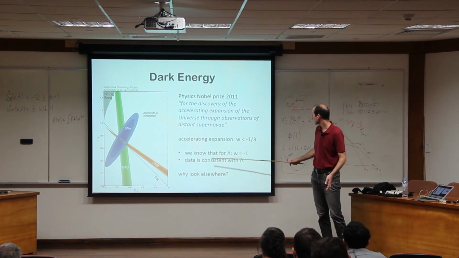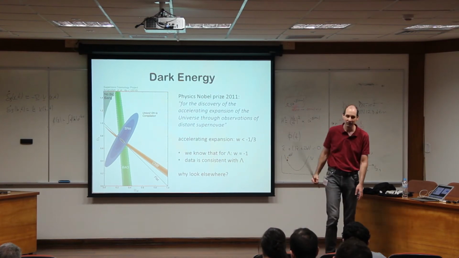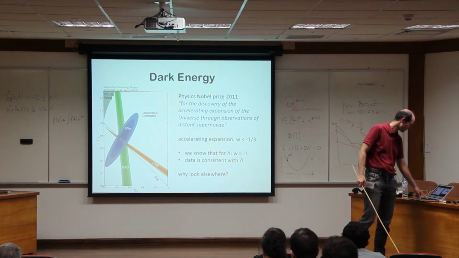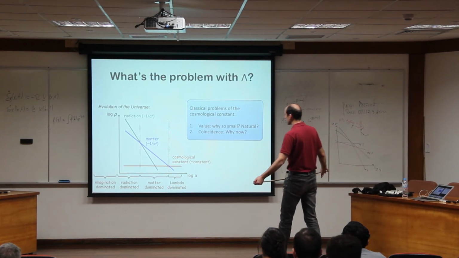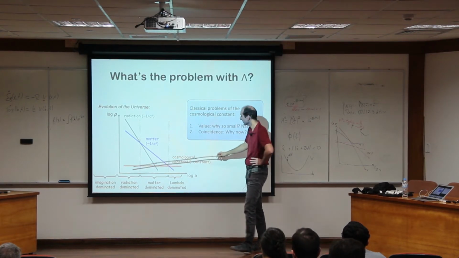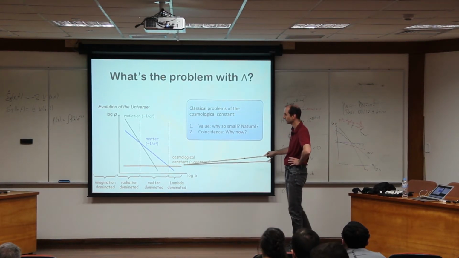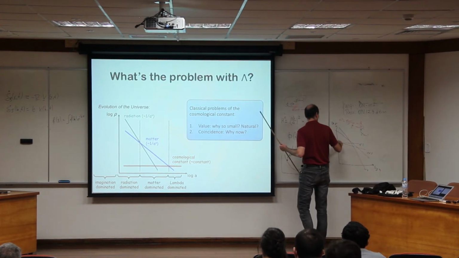Okay, and since lambda is perfectly in agreement with the data, why do we actually want to look somewhere else? There are two standard problems with it, and one standard problem we can easily see in that plot. It's a bit like the initial conditions of the curvature, right?